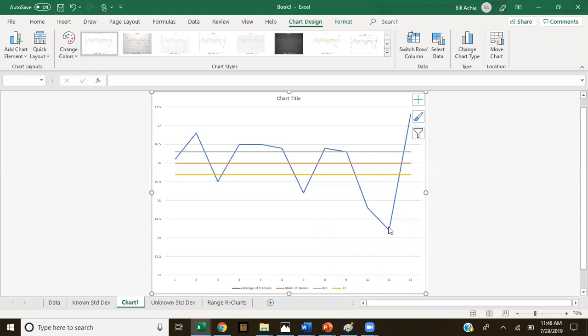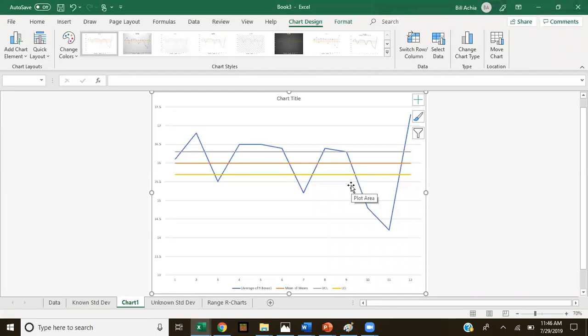We see that our last two samples had the largest values and the smallest values significantly dispersed. Combined with the X-bar chart, that tells us something happened during the taking of the last three samples.